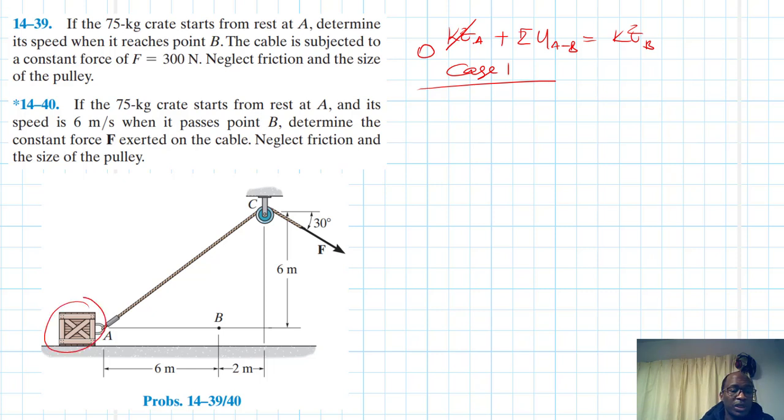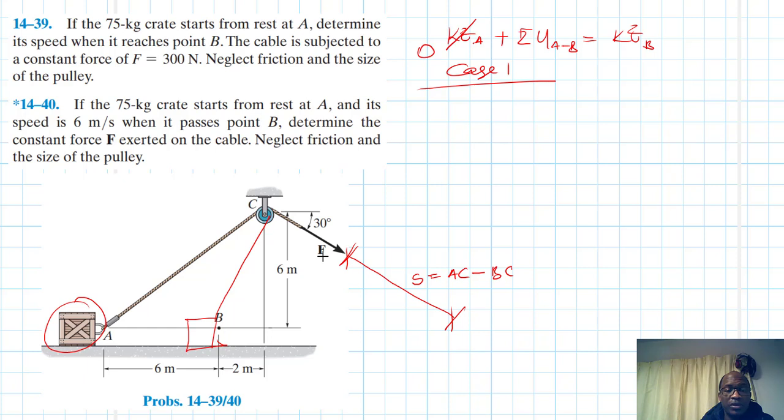The box initially is here. When it moves to B, what happens to the cord? It will have moved a distance s, or displacement s, and this displacement is just equal to the length of AC minus the length of BC.